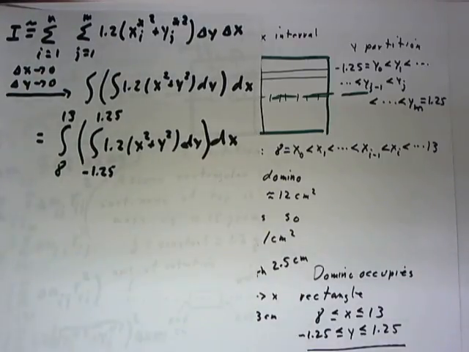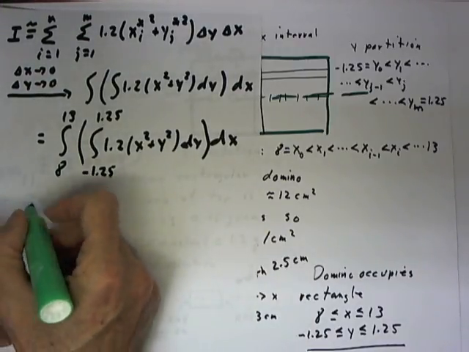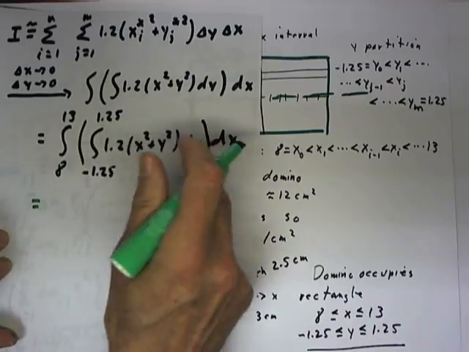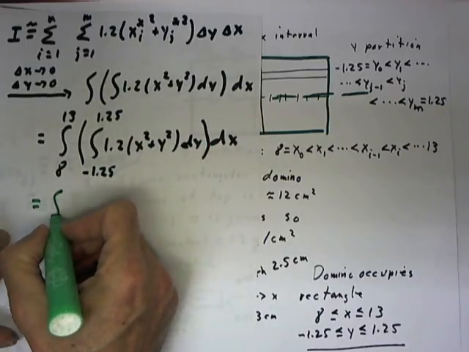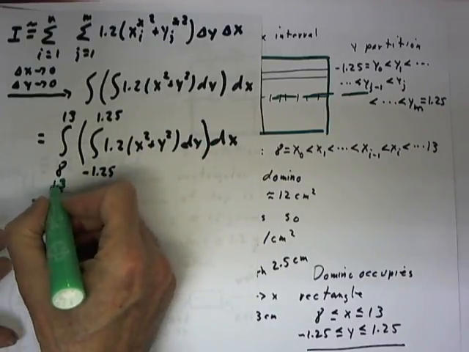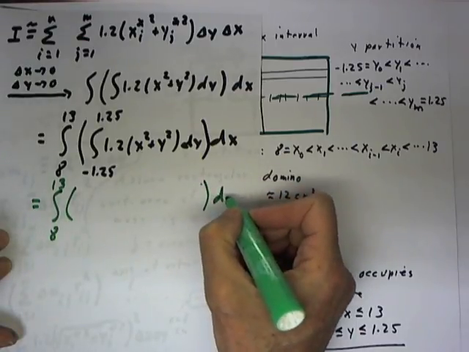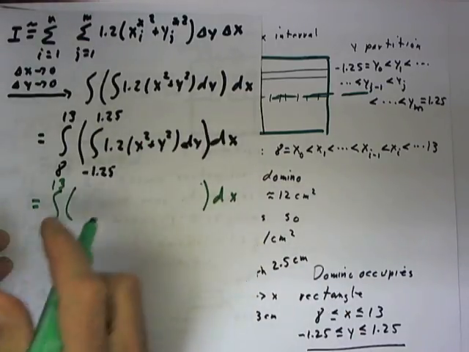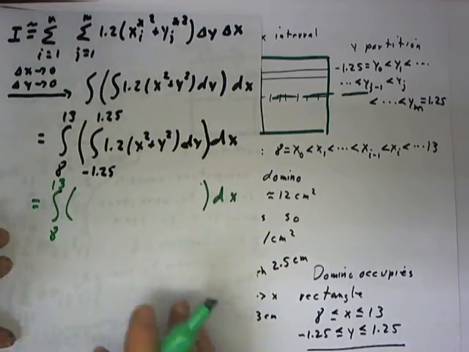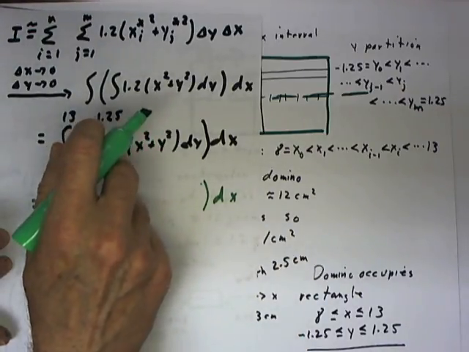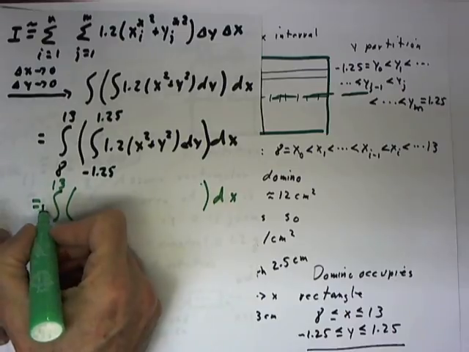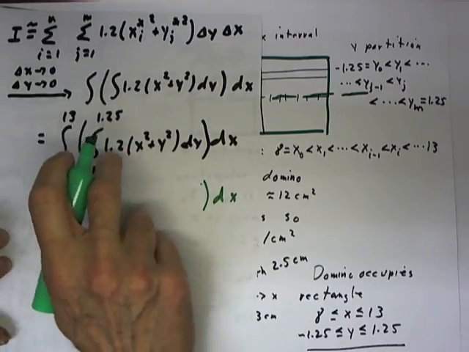Let's go ahead and finish this integral off. We're going to integrate the inner integral, so we'll leave the outer integral untouched for the moment. Let me factor this 1.2 all the way out, because it's a constant.